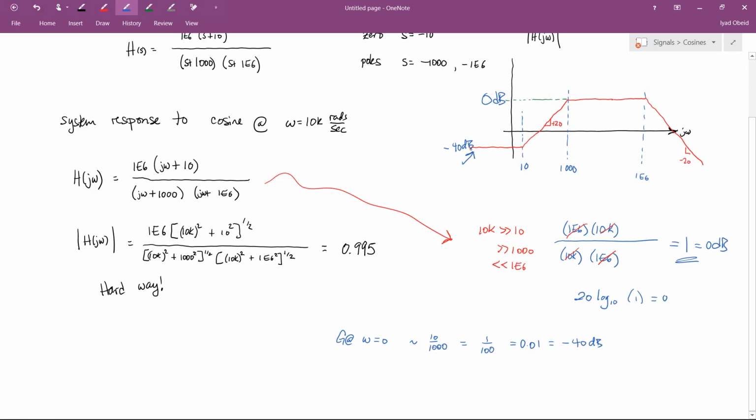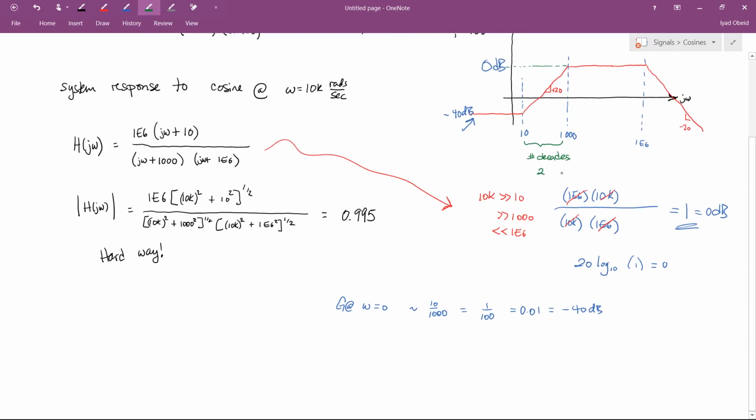The other way to come to that same conclusion would have been to say, look, I know that this point here is 0 decibels, and I know this line slopes at 20 decibels per decade. So all I really need to know is how many decades there are. And in this case, there are 2 decades. The reason I know that is because a decade is a multiplier by 10. So if I take my original frequency of 10, multiply it by 10 once, that's 1 decade.